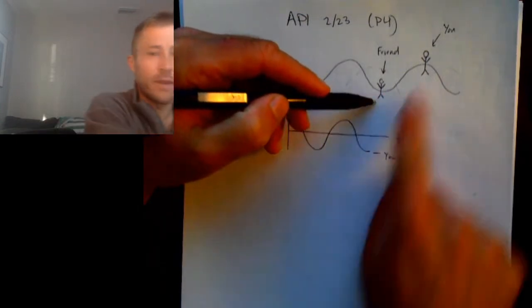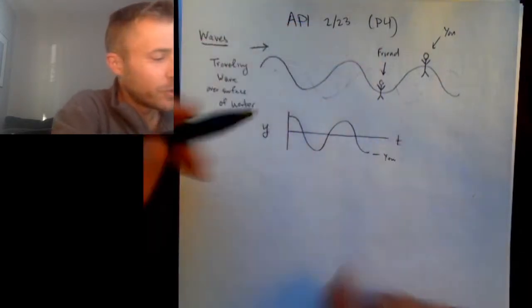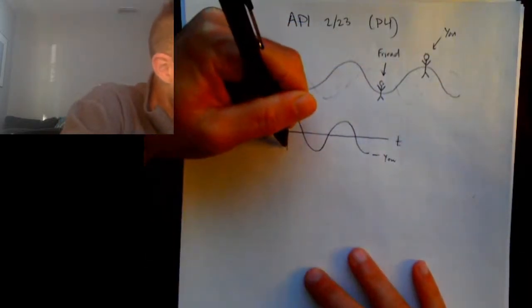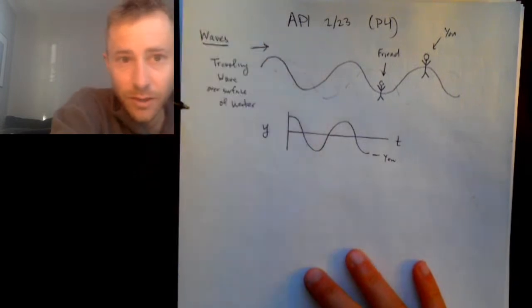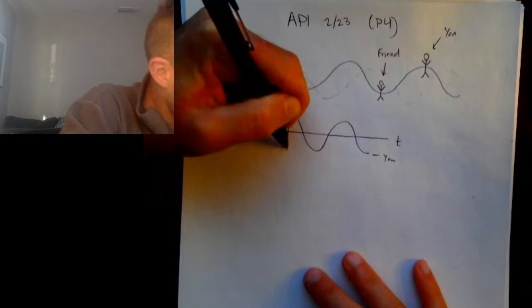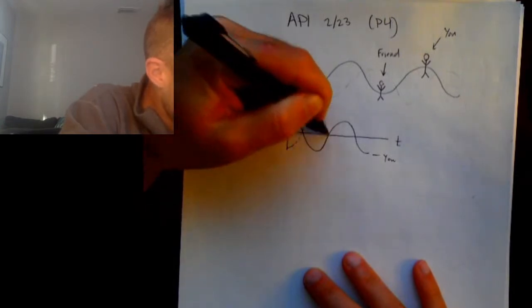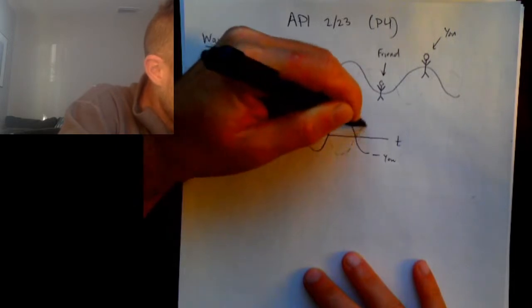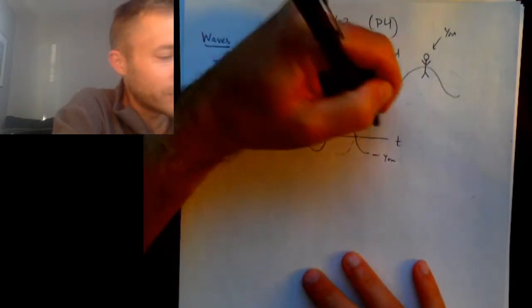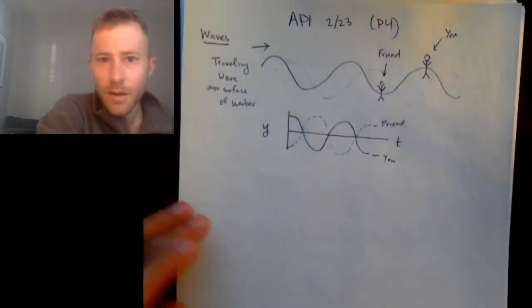And then once the wave lowers you down, your friend is going to be up high. So your friend's position time graph is going to look like the opposite of yours, something like this. So this is your friend's position time graph. Okay.